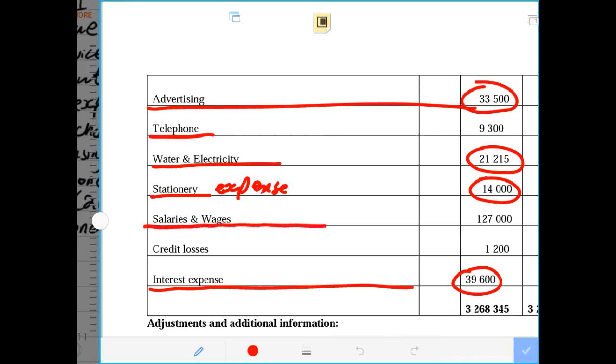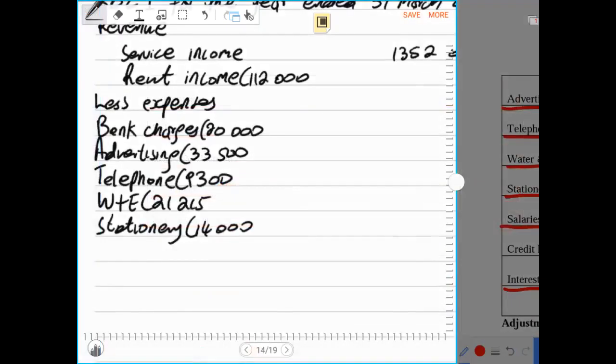Then after we have salaries and wages for 127,000 rands. Salaries plus wages, 427,000 rands is the amount.